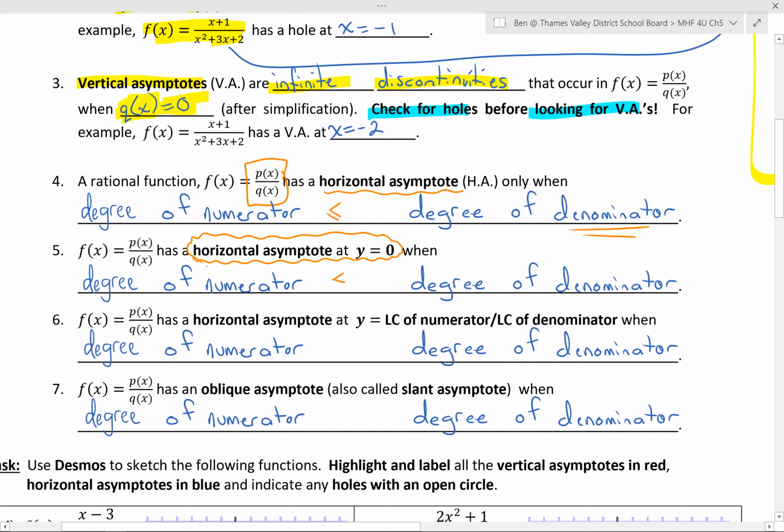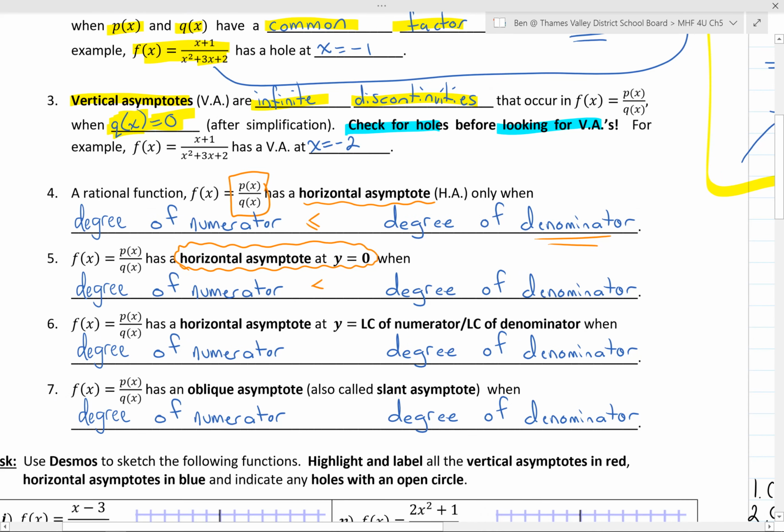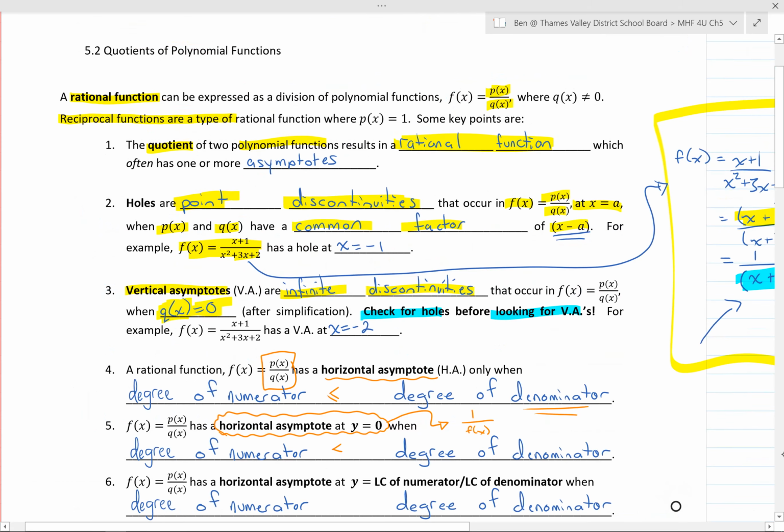If we think about that one for a moment, the degree of my numerator being less than the degree of my denominator, I can compare that to the work we did in section 5.1 with reciprocal functions. Well, a reciprocal function is 1 over a polynomial. It doesn't have to be a polynomial, but we've worked pretty much strictly with polynomials at this point, and that's a good thing.